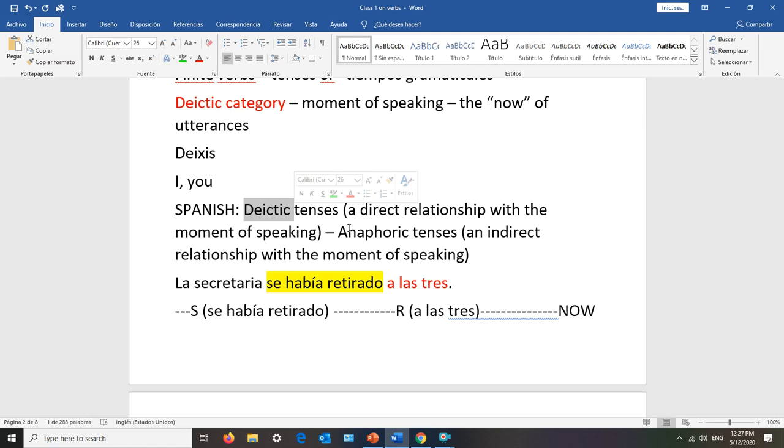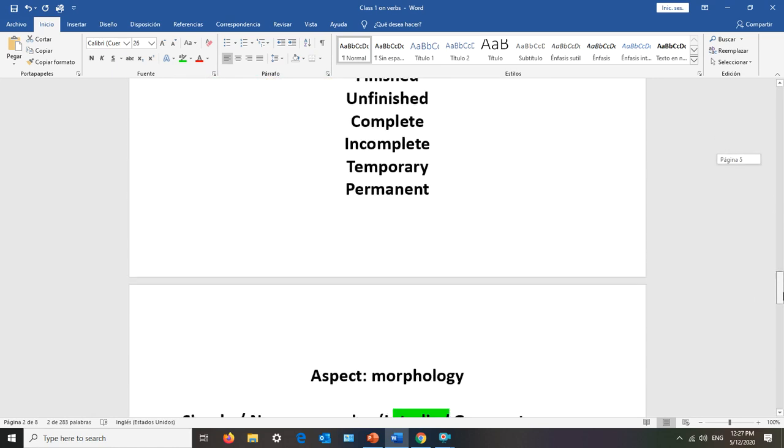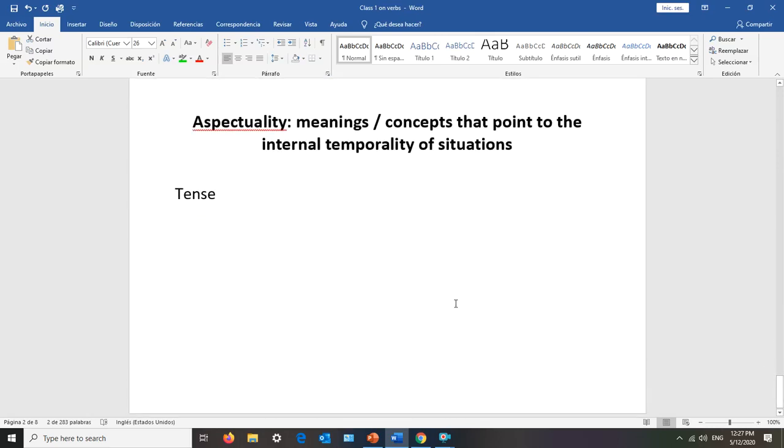Another possible form of time reference is relative time reference, where instead of the time of a situation being located relative to the present moment, it is related to the time of some other situation that we called anaphoric before, in line with what Spanish grammarians, at least the ones that we study from, use. Okay, returning here to the notion of aspectuality and the definition and distinction with respect to aspect as a grammatical category.